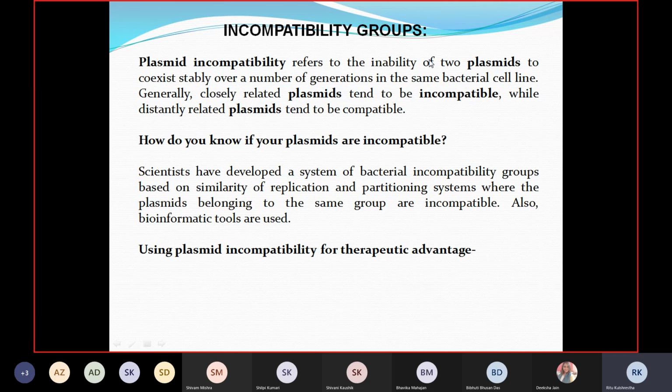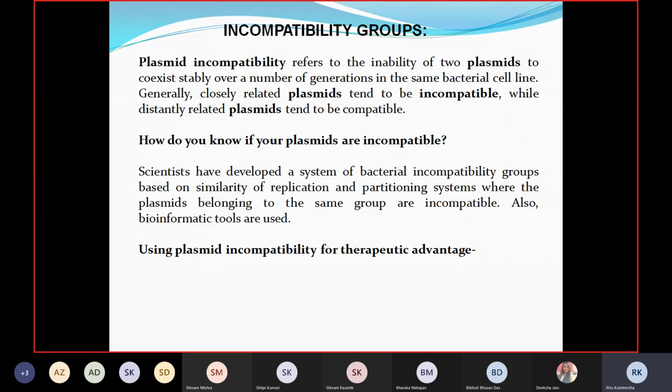Then there is something called plasmid incompatibility, which I had mentioned in my last class also. It is the inability of two plasmids to stay together in one bacterial cell. So if you have to introduce two different genes in a bacteria, and they are present not in one plasmid but in two different plasmids, then you definitely have to ensure that the two plasmids do not share the same ORI, because if they share the same ORI or PAR regions, then they will likely be highly incompatible.